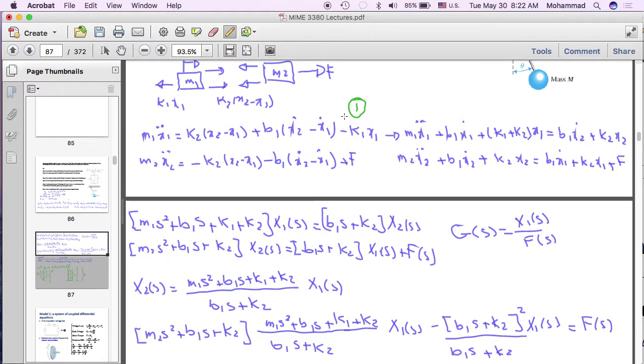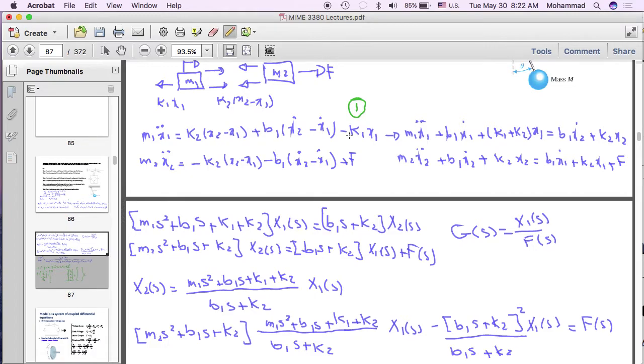So what is multiplied by x1? It's k2 divided by m1. Is this k2? Can you see that? In the first equation, yeah, right here, there's also a k1 of x1. Absolutely, you're right. So there's a k2 and there's a k1, so we need to add them up.